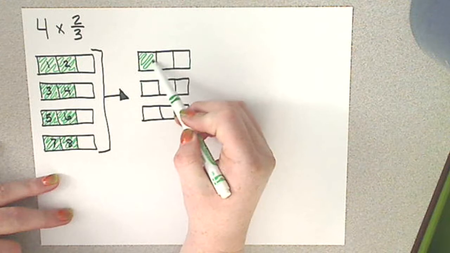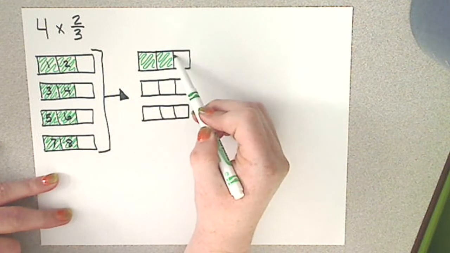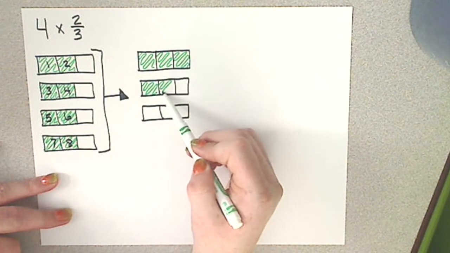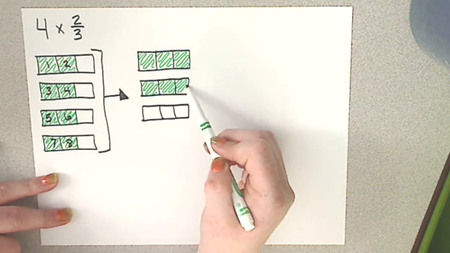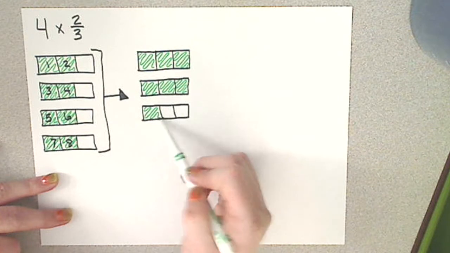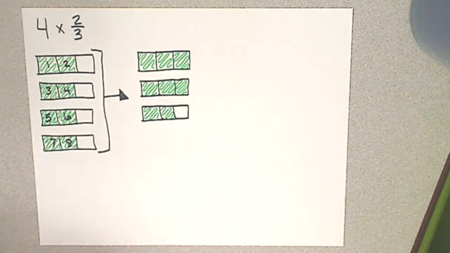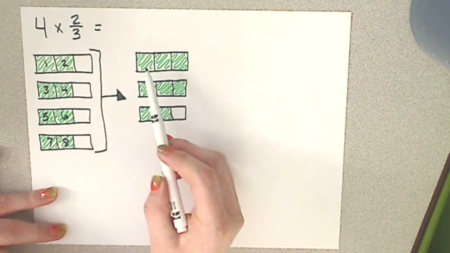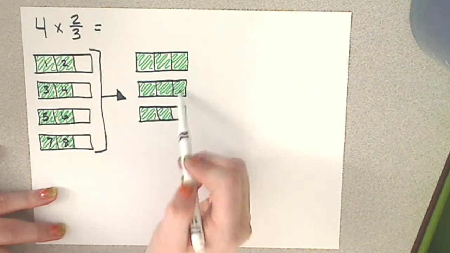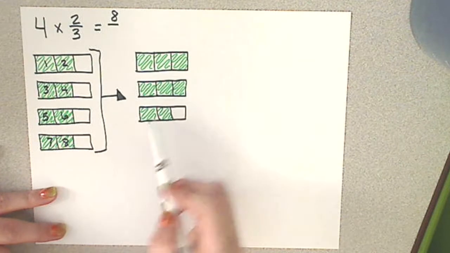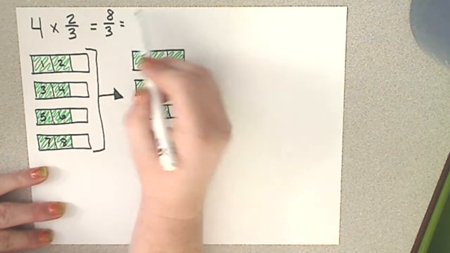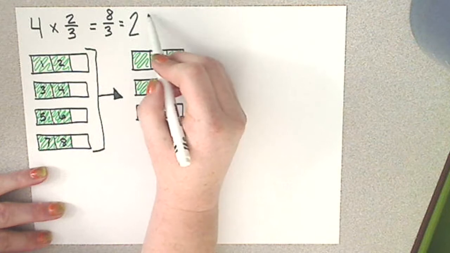So there is 1, 2, 3, 4, 5, 6, 7, and 8. And as we can tell from our model, 4 times 2/3 equals 8 shaded pieces out of 3 in each fraction bar, which also equals 2 whole bars and 2/3 of a third bar.